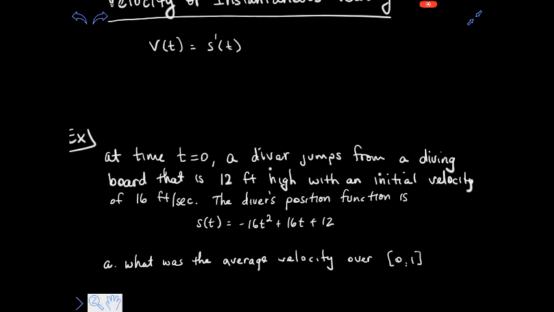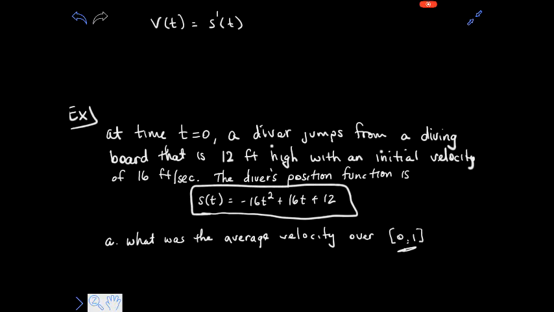So this particular problem, the position function is given for us right here. Part A of this is what's the average velocity over this time interval. So from time t equals 0 to time t equals 1, what was the average velocity of the diver?